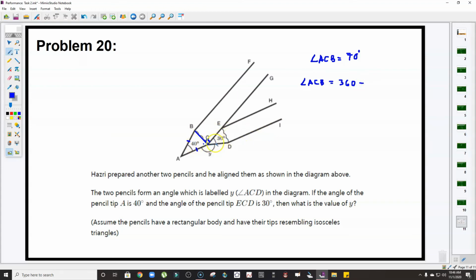So, 360 minus the sum of 90, 30, so that's 120, plus 70, so that is 190. So, therefore, 360 minus 190, that's just 170 degrees. See that? There you go.